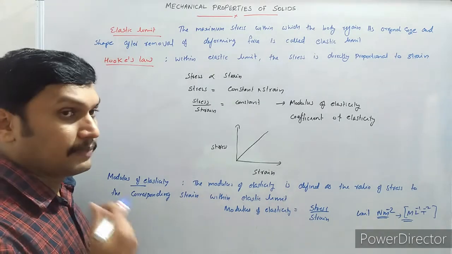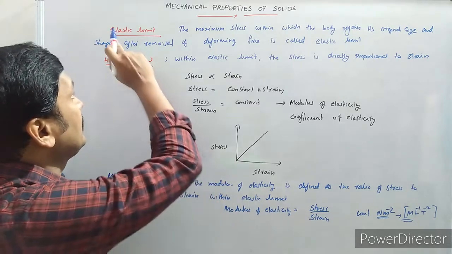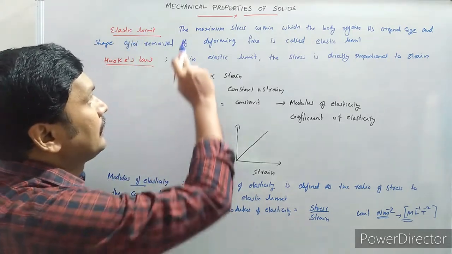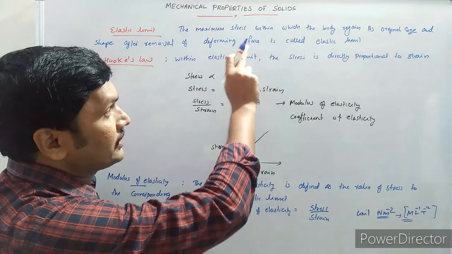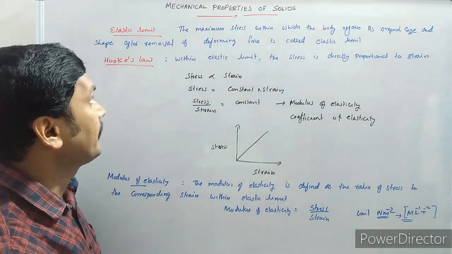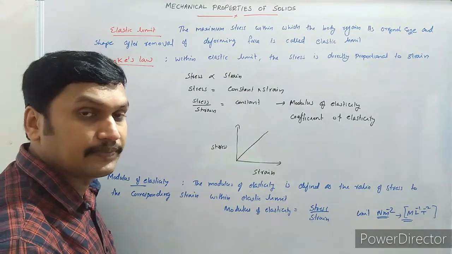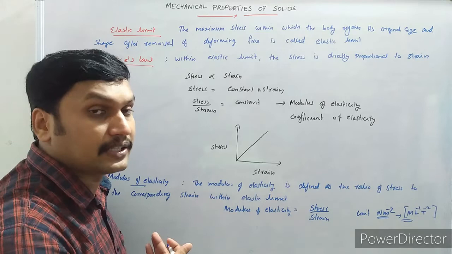For every body, there is a limiting value of stress that we call the elastic limit. The maximum stress within which the body regains its original size and shape after removal of the deforming force is called the elastic limit.